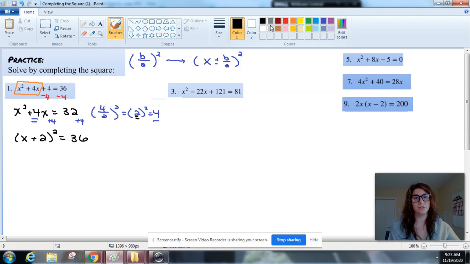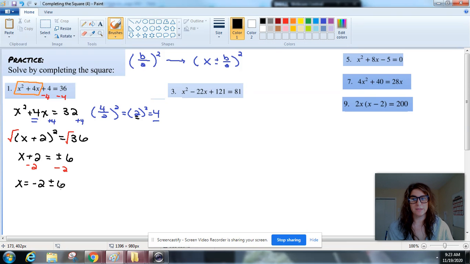From this point, it is just your normal solving by square root method that we've done previously. You square root both sides to get the insides to drop down. Remember, when you square root, it's plus or minus. So this is 6 in that case. And then we just continue solving, get x completely by itself. So I have x equals -2 plus or minus 6.